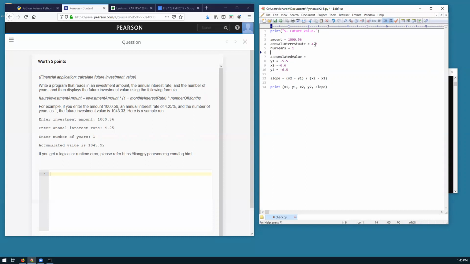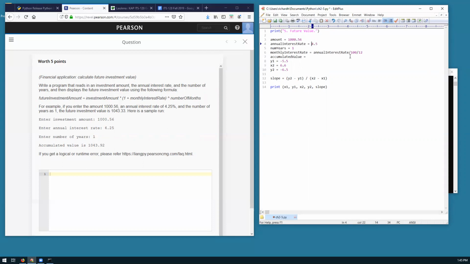Well, let's figure out what a monthly interest rate is. That would be equal to the annual interest rate, divided by 100, and then divided by 12, because it's not really 4.5, it's really 0.045.